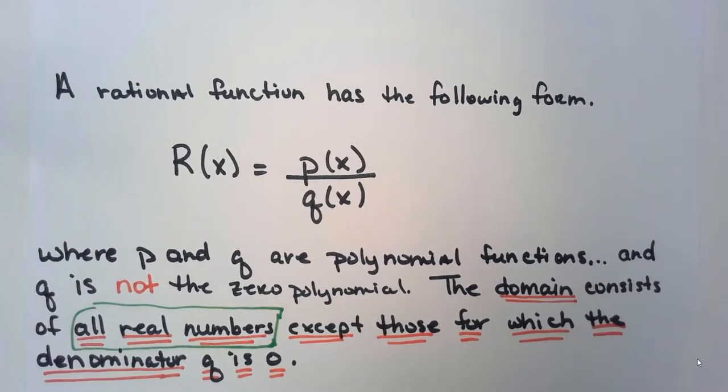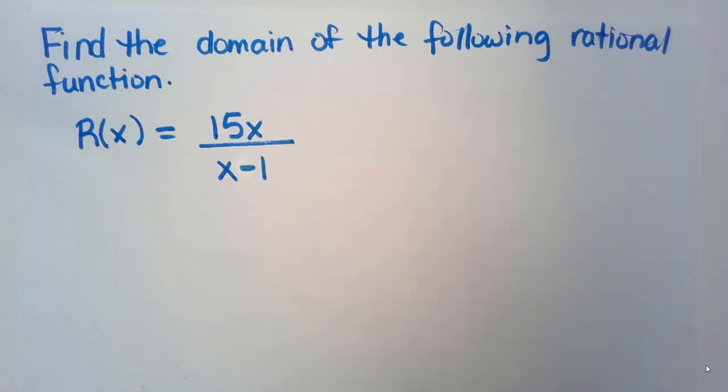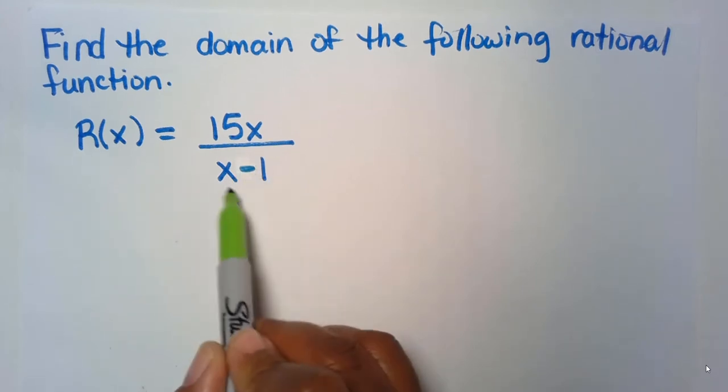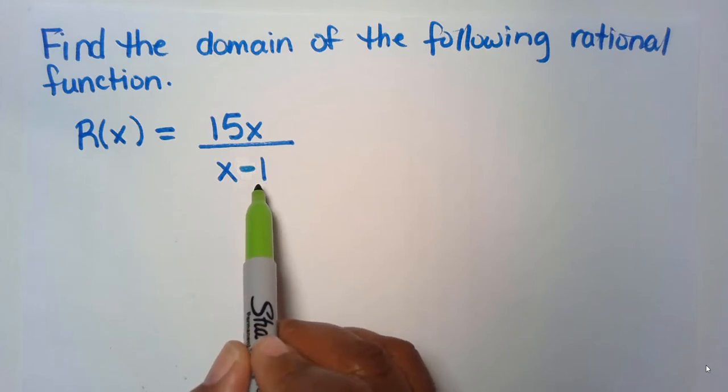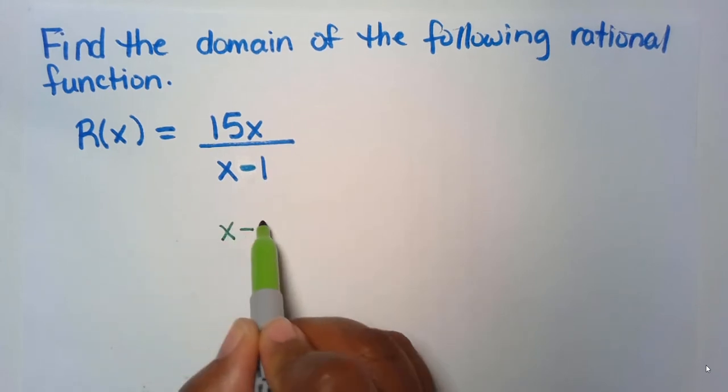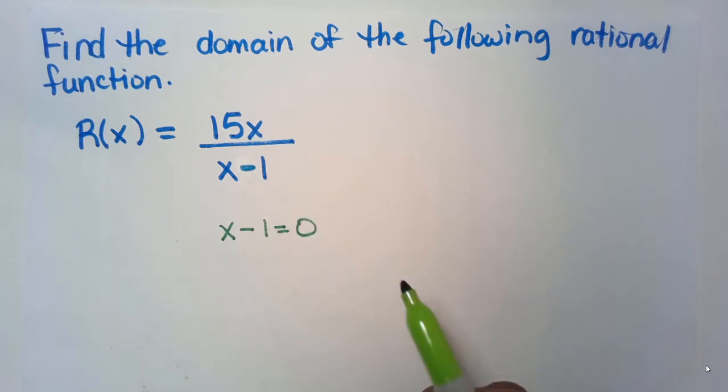So let's look at the first example where we want to find its domain. Let's find the domain of the following rational function. We have r of x is equal to 15x all over x minus 1. I want to find out what number cannot be placed in this denominator, because if we place it there, it will make this denominator undefined. To find that number, we're going to set the denominator equal to 0.